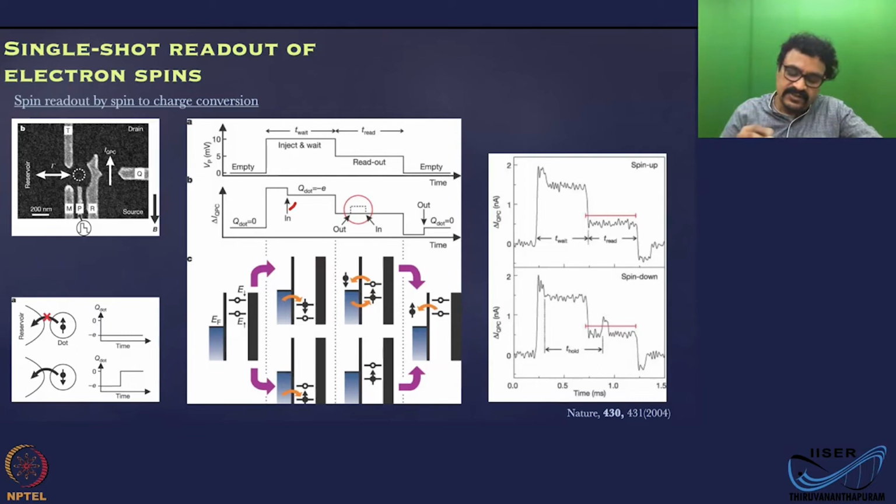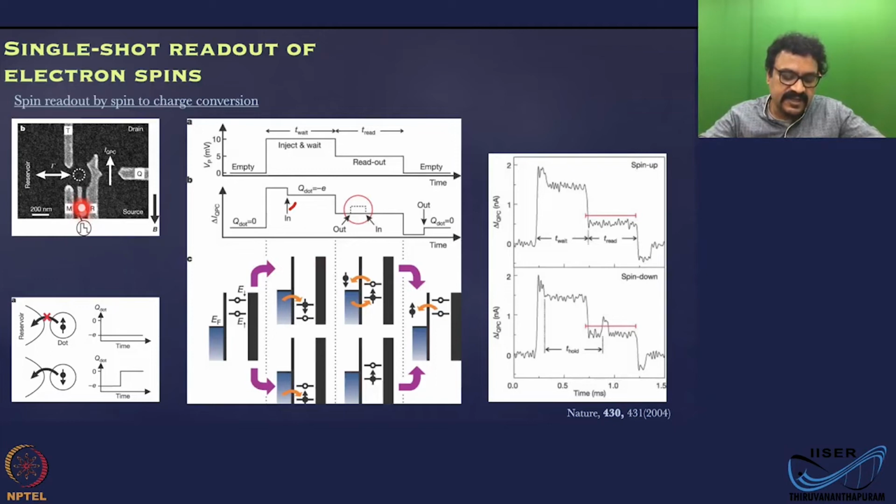So in this landmark paper, what they have done is you have a quantum dot. By energizing these gates, you get the quantum dot, and you have a quantum point contact here as a detector. This quantum point contact can actually tell you when the charge state of this dot has changed. So the idea here is you apply voltage pulses to one of the gates.